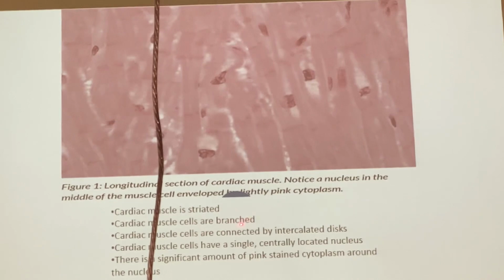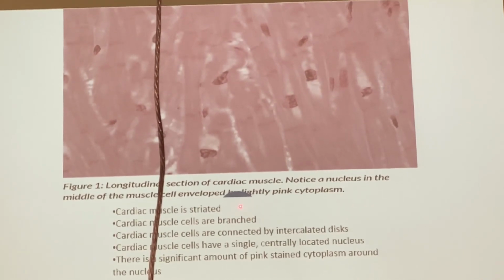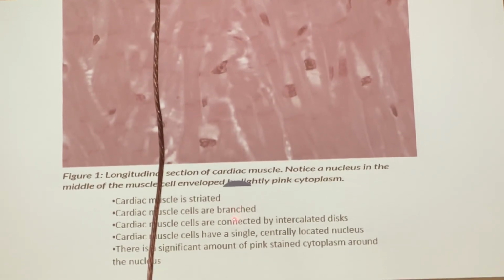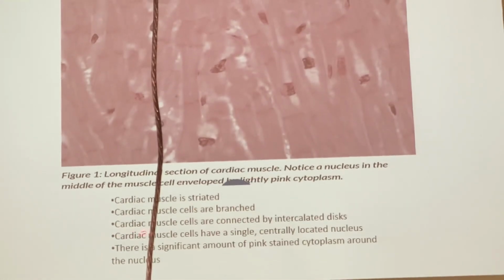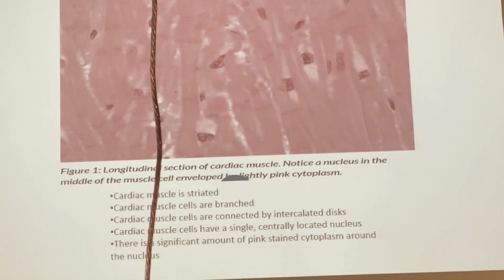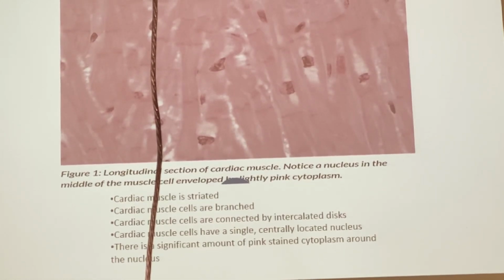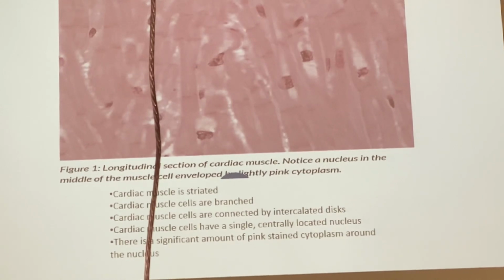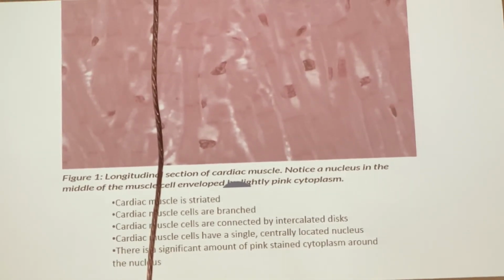Cardiac muscle cells are branching, striated, branching. Cardiac muscle cells are connected by intercalated discs. Characteristic features: striated, branching, connected by intercalated discs.